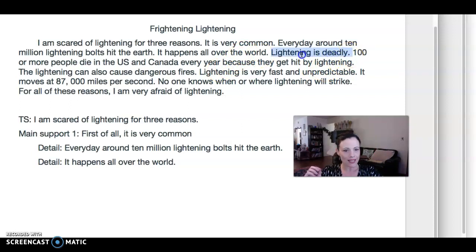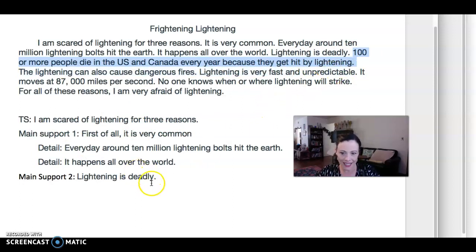It's going to be lightning is deadly. So what are my details about deadly? Well, 100 or more people die because they get hit by lightning. So one way that lightning is deadly is it hits you, right? So that's my detail about deadly.